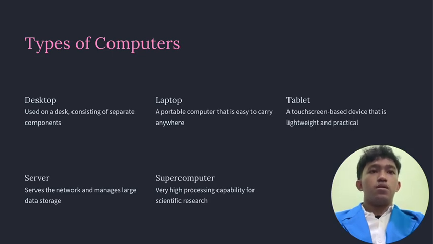Server, to network and manage large-scale data storage. Supercomputer, extremely high processing power, typically used for scientific research. So the choice of computer type is usually adapted to the user's needs and how mobile they need to be.